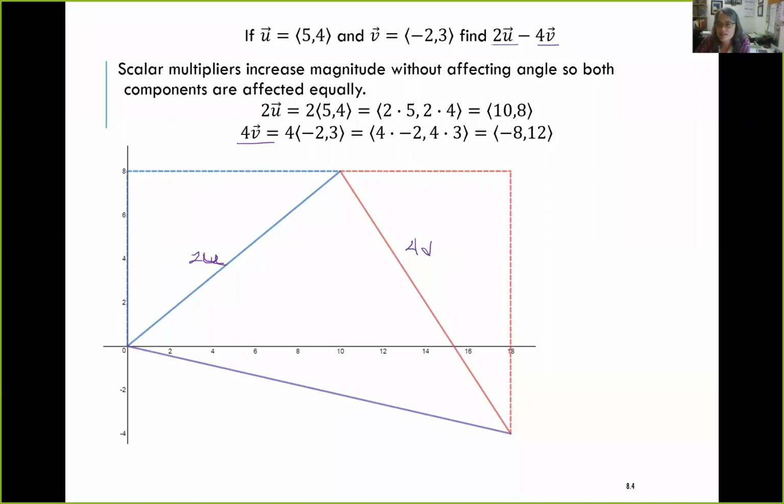So to do this, we are just going to subtract our components.